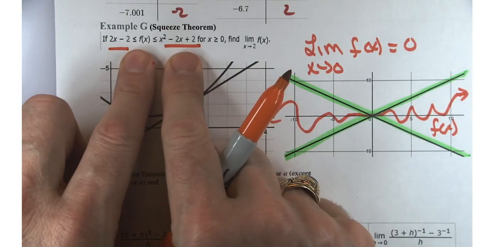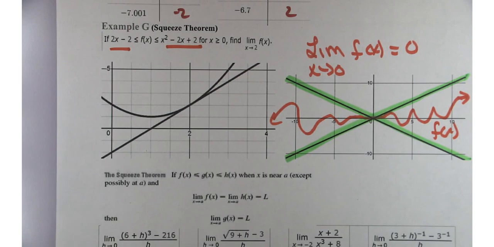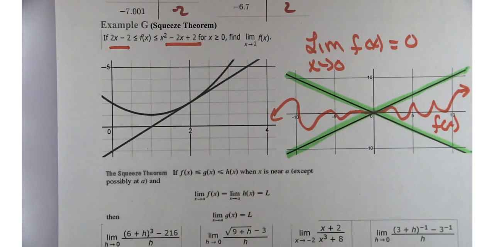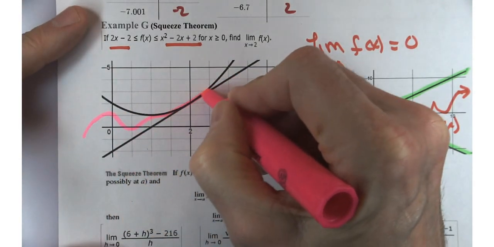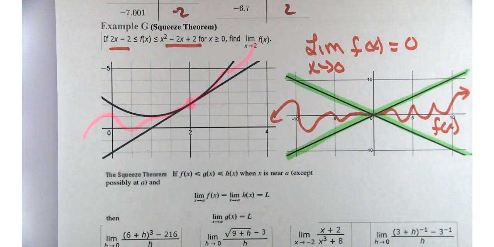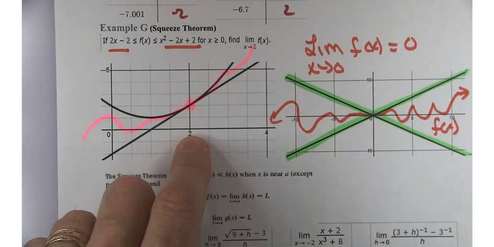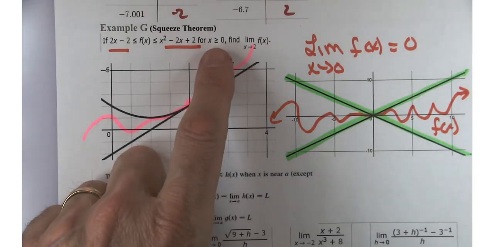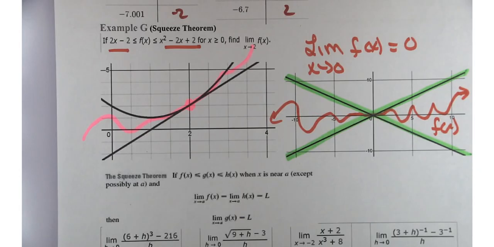We don't know what f of x is, but it's kind of like what we just did: f of x has to squeeze in between here like that. So its limit at x equals 2 has to be the same as this limit and this limit. So let's calculate those two limits.